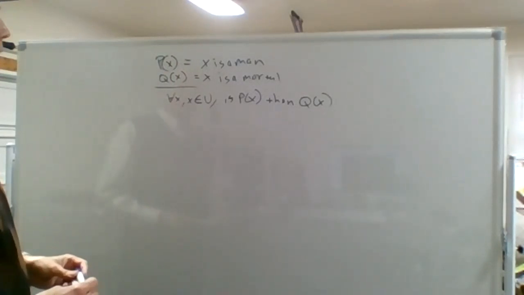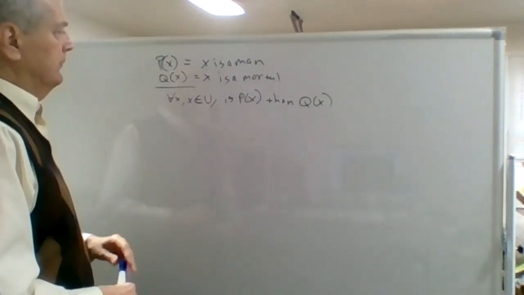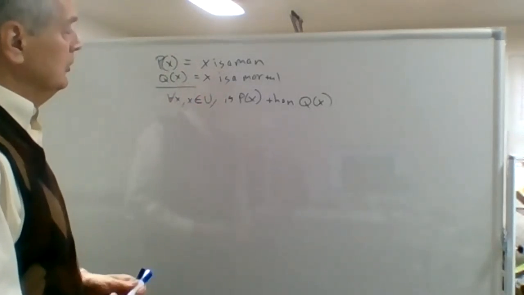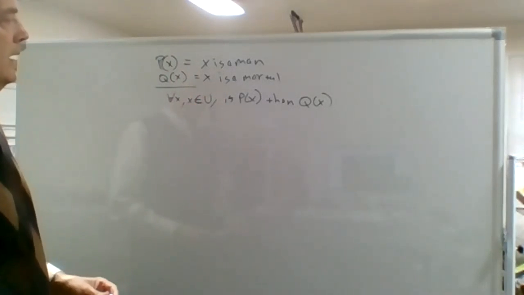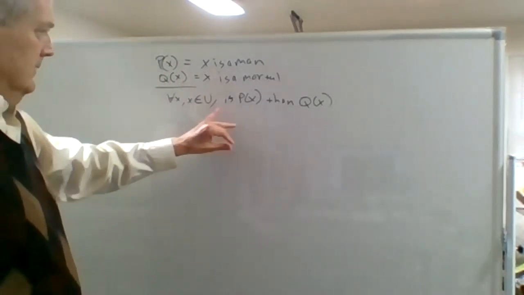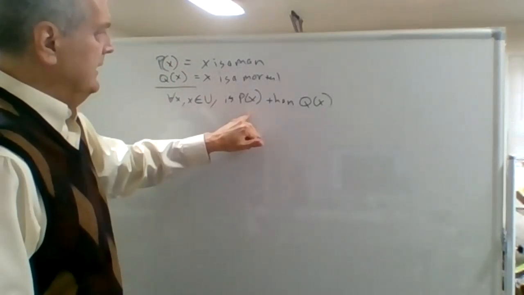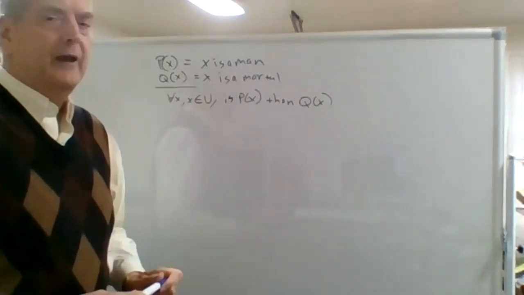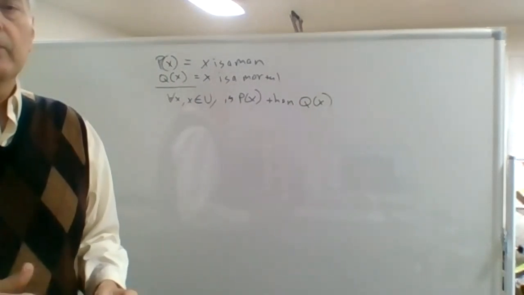Then we would say for all X, such that X is in the universe, if X is a man, then X is a mortal.